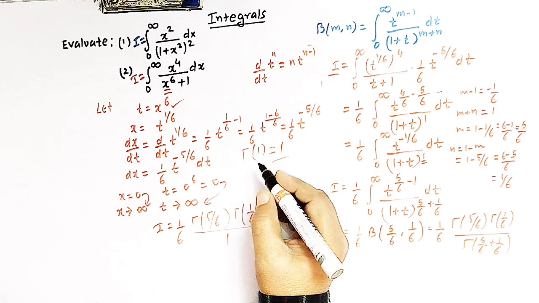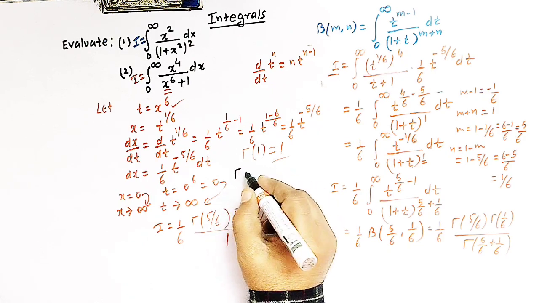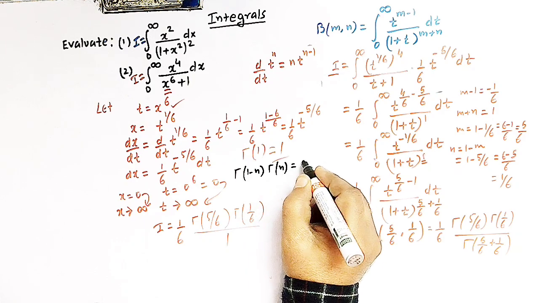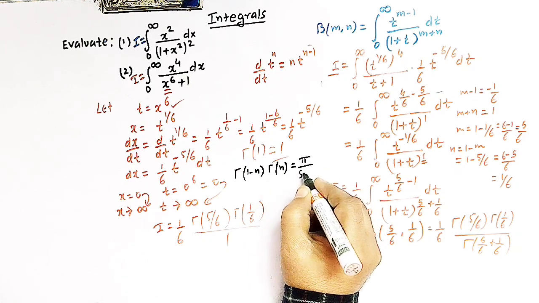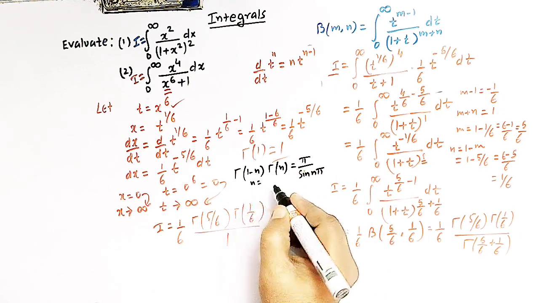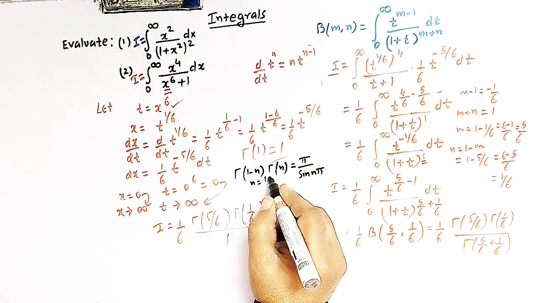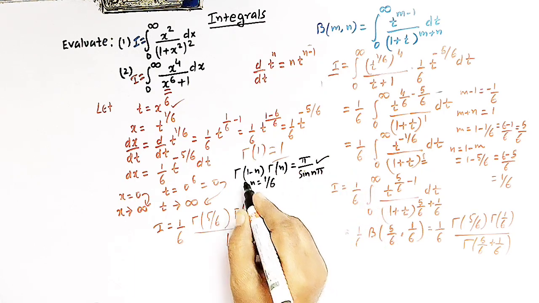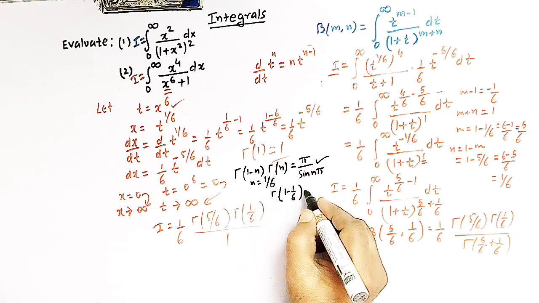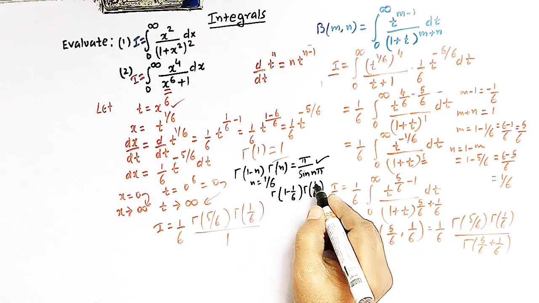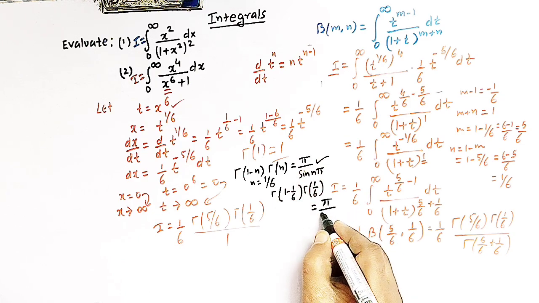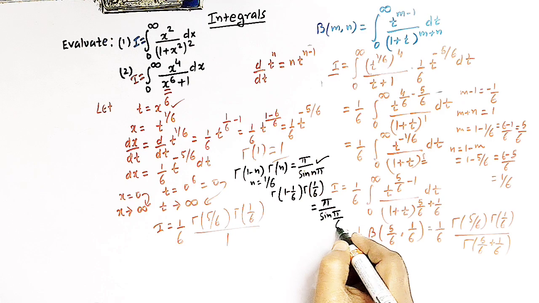So now Euler's reflection formula goes like this, that is gamma 1 minus n times gamma n is equal to pi divided by sine n pi, right? And if we take n is equal to 1 over 6 in this result, then we have gamma 1 minus 1 over 6, and then we have gamma 1 over 6, and that is equal to pi divided by sine pi over 6.